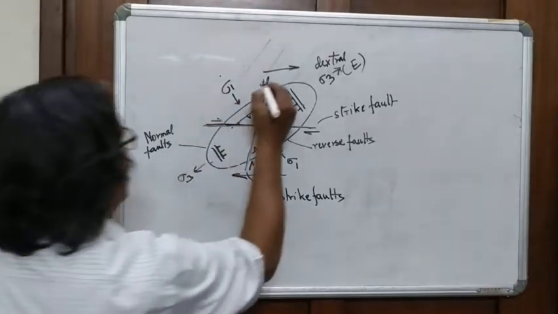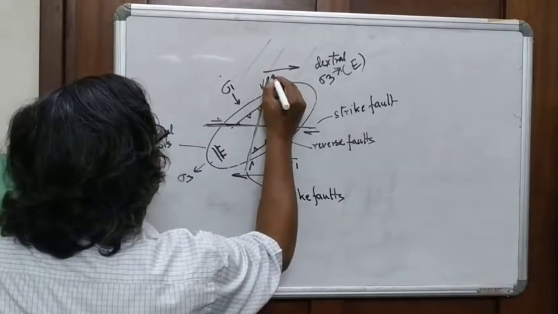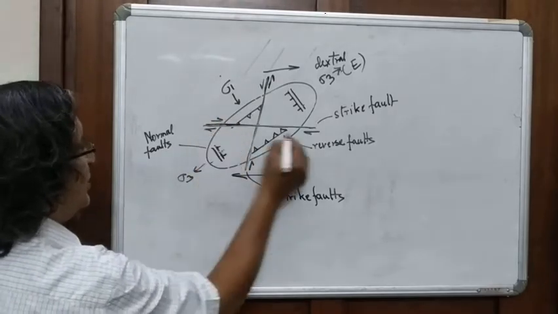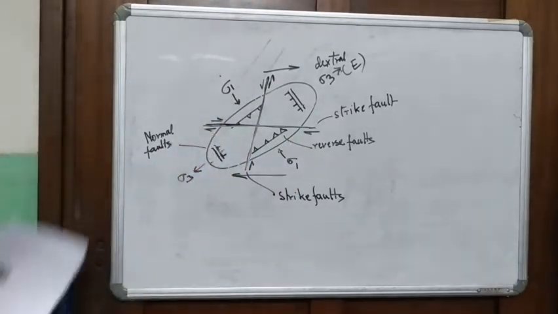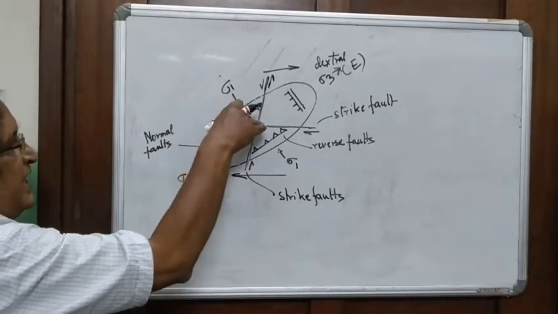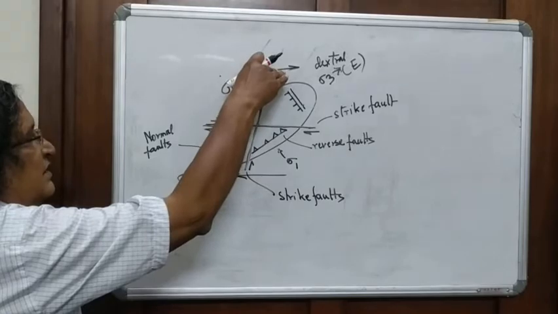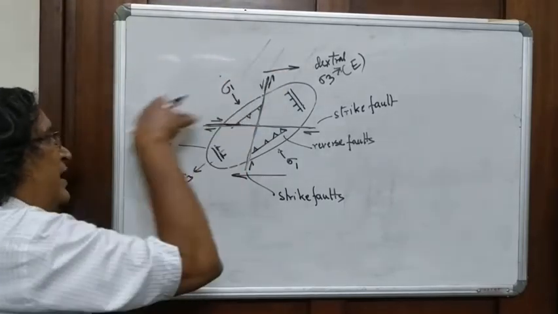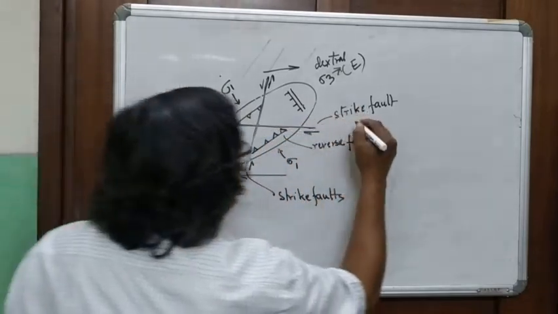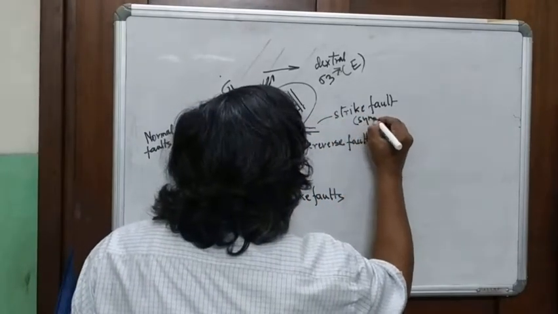Here you see the fault orientation is like this, and here the fault orientation is like this. So here, the movement direction at the top is the same as this. You see, this is moving this way, this is also moving this way. So this strike slip fault is called synthetic.